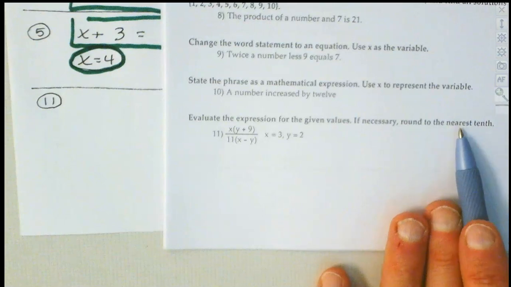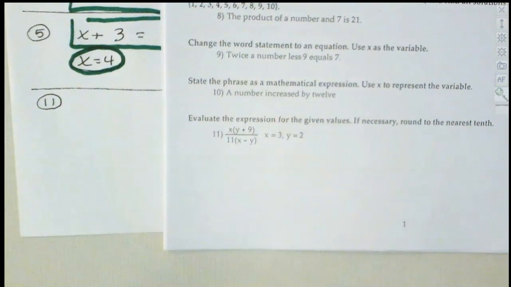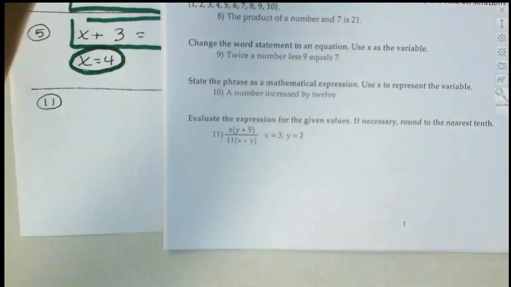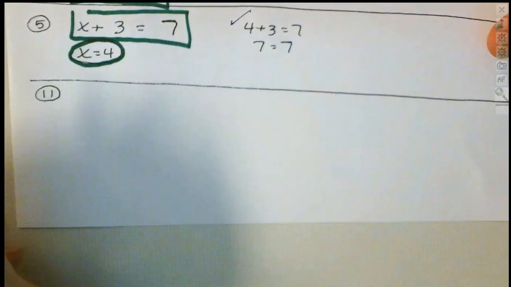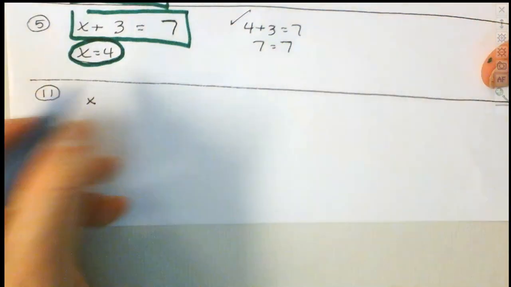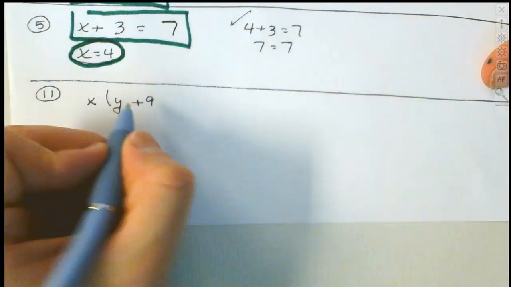Now, what does it mean when we say tenth? Tenth is one decimal place. Okay, and it says round, so we can use decimals here if we need to. Whenever it says round, that means we are allowed to use the decimals. So let's write up our expression first, and then we'll plug our values in.